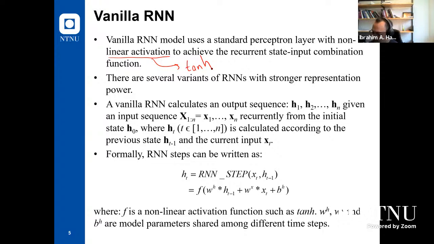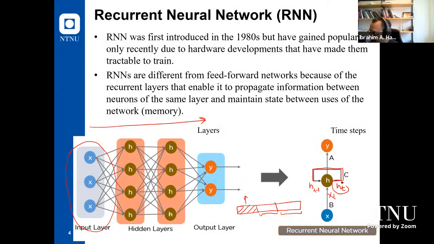It's a combination because we combine the states with the input. So when we calculate the states, in fact, we update the states by combining the current input with the previous state.